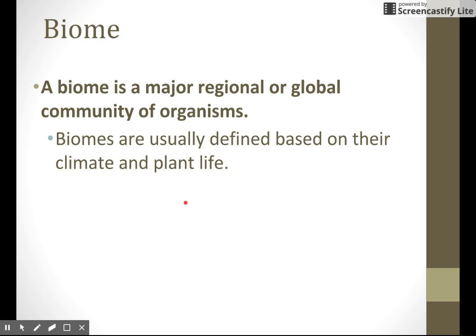We have temperate climates and temperate forests, which is where we live, where the temperature fluctuates and the trees lose their leaves in the winter time. That's different than the tropical rainforest where the trees do not lose their leaves and it's warmer and rainier.